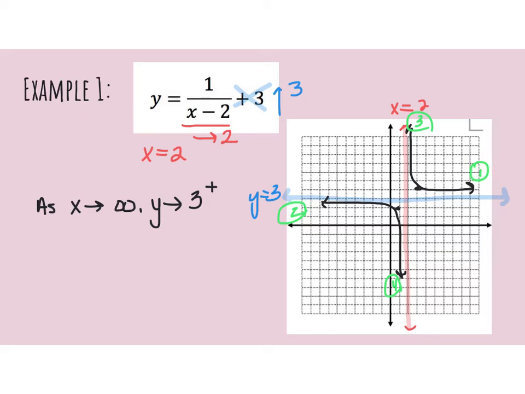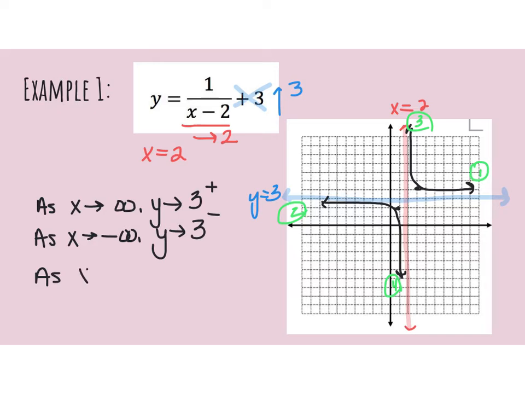My second statement is about the second arrow on the left, and I'm going to say as x approaches negative infinity, y approaches 3, and I'm going to put a little minus sign underneath of it showing that I'm approaching from under. My third statement is going to be about the behavior near the vertical asymptote.